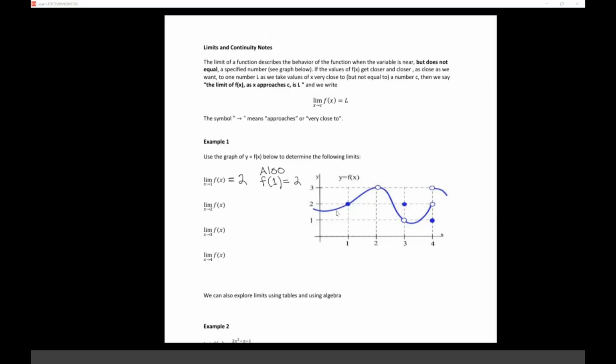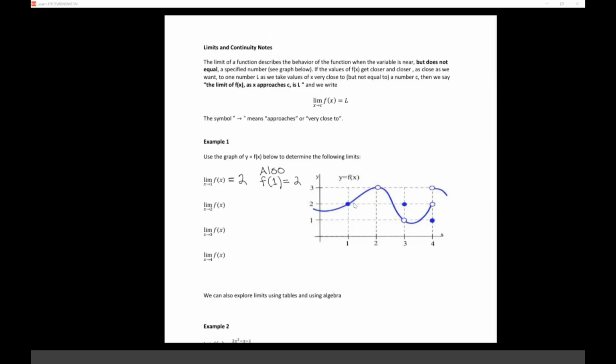If I come from the left, what y value am I getting close to? Well, I'm getting close to the y value 2. Likewise, if I approach x equals 1 from the right-hand side, I'm also getting closer to y equals 2. That's the idea of the limit. When I get near x equals 1, I'm getting nearer to y equals 2.